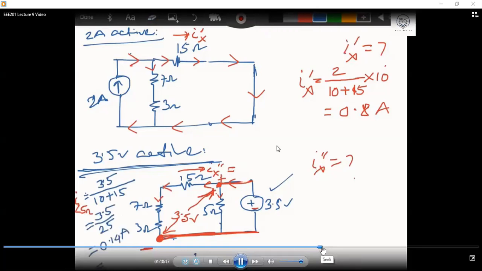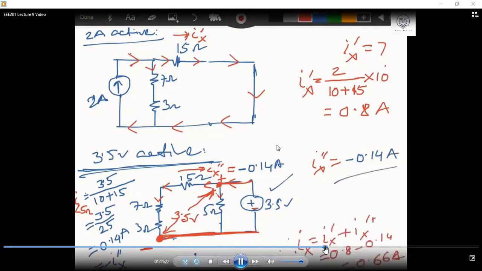This is what I wanted to say. Now, all the answers together, Ix will now be equal to 0.66 ampere. All of you should get the same answer. You check. This is the final answer you should get if you sum together 0.8 plus minus 0.66 ampere. Should be fine.